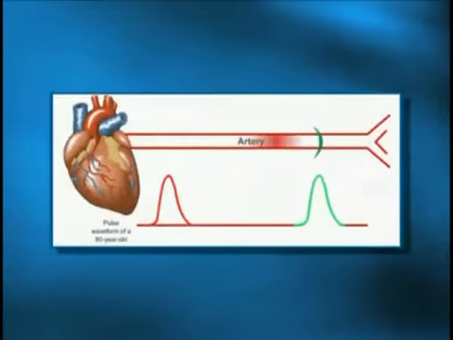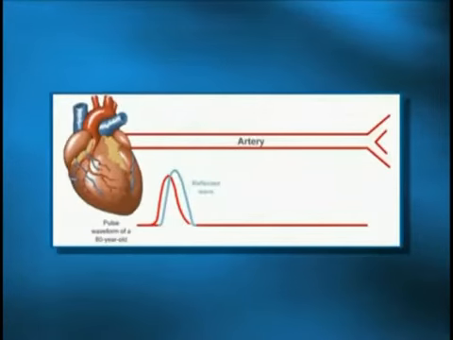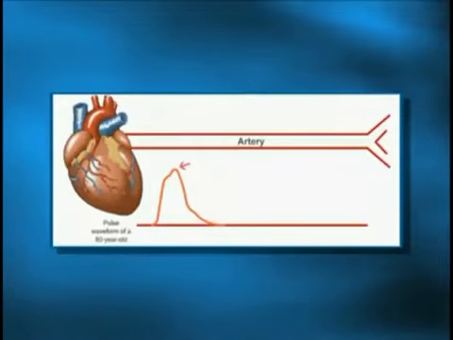Now if you were to look at an 80-year-old, you actually see a very stiff artery, and when the heart pumps, the wave travels so fast, it comes back right at you at the systole. So what you end up with is the wave goes up, and then it is augmented or increased by the reflected wave, and you spend about 2/3 of the time overcoming the wave, 1/3 of the time resting and getting the blood.